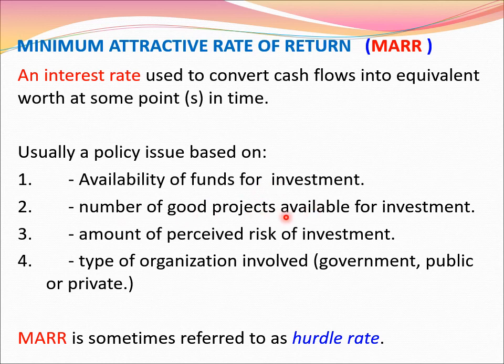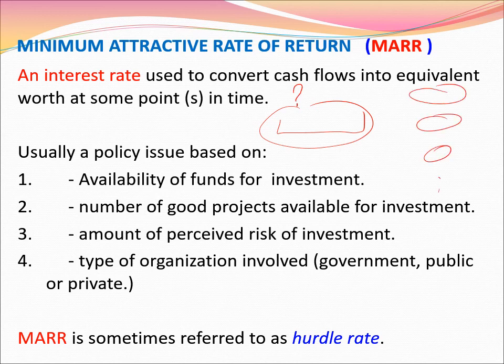The number of good projects available for investment also matters. So this is your current project alternative, and you are thinking, should I invest in this one or not? And there are other alternatives, alternative 1, 2, 3, a lot of such alternatives. And if you already estimated the rates of return of these projects, let's say you found that this project may have a return of 6%, this project may have 8%, this project 1%, this project 10%, and so on.